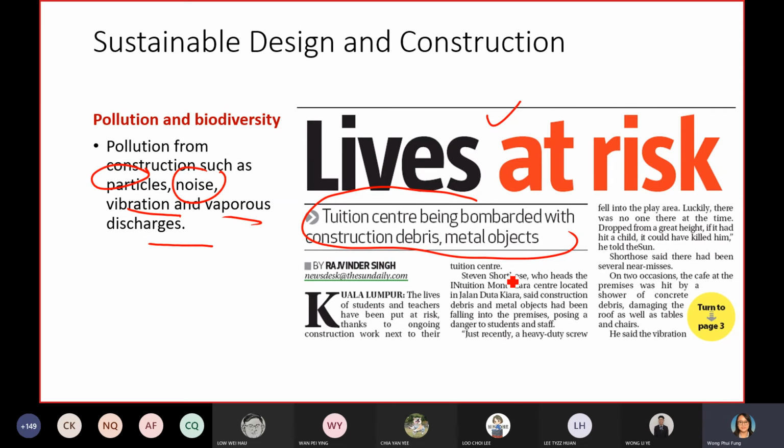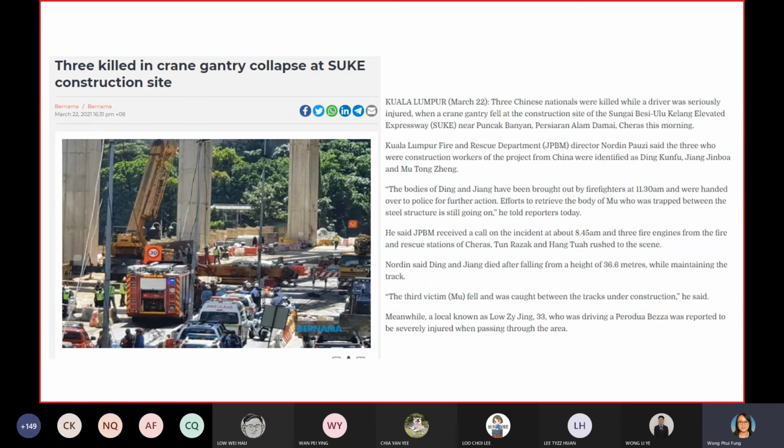So we all know that construction is a dangerous industry because of the heavy plant and machinery and also the material. So that's why these are the things that we have to consider also, to avoid hurting or injuring the people, the surrounding people. So something for you to see.